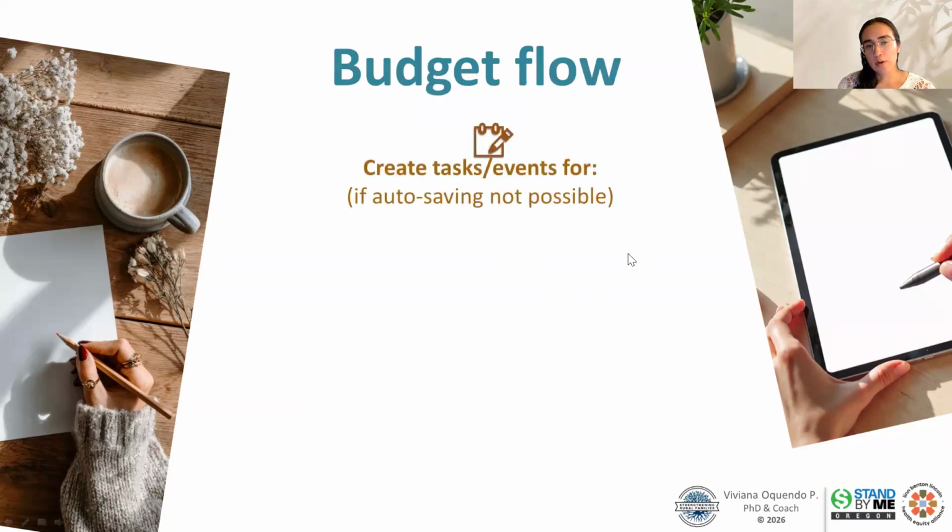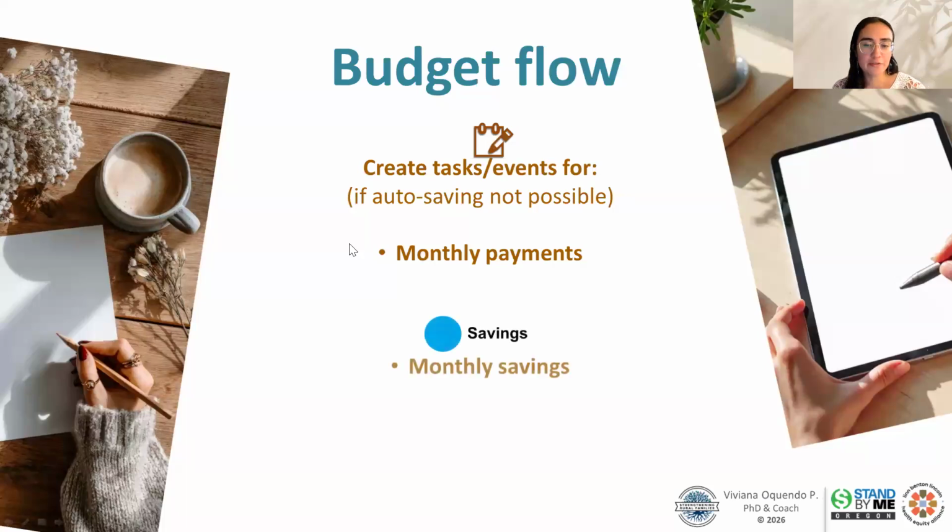So at this point, create events or tasks, or use paper with reminders, for checking monthly, or whichever way works better for you, or if you remember, I admire your brain. But do this for things that you cannot auto save or auto pay, for monthly payments and for these monthly savings.